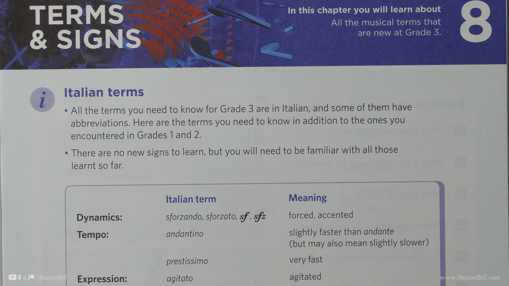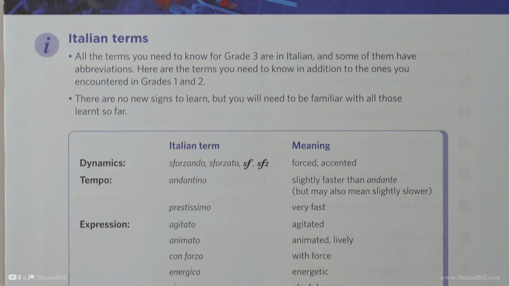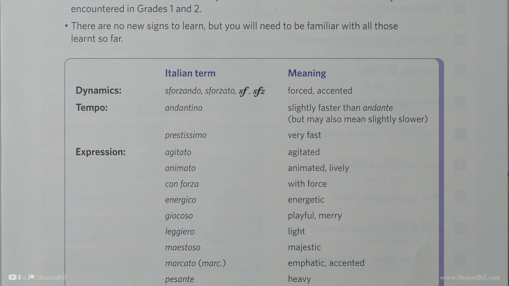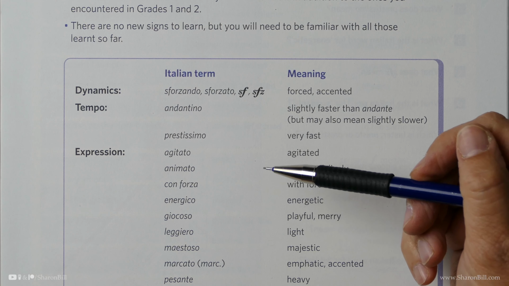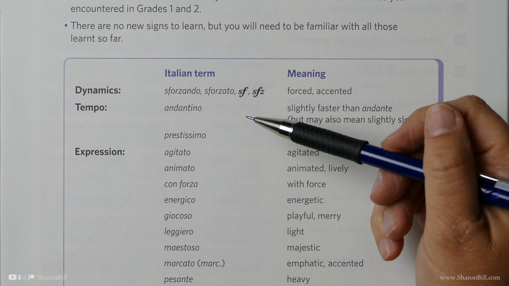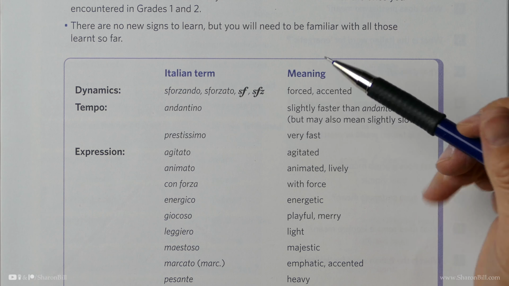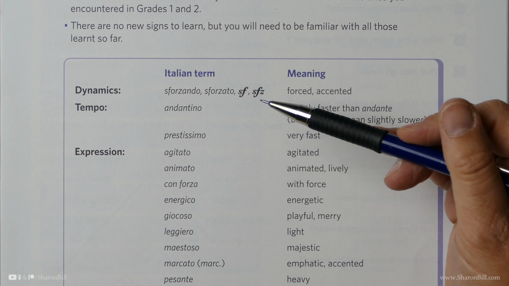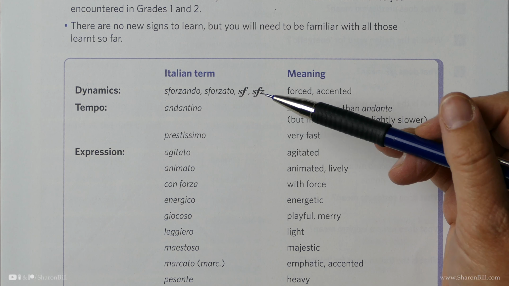So I thought it would be helpful to perhaps give you a clue on how to work at remembering all of these terms. My suggestion in all of the previous grades, and still now at this grade, is to colour code thematically and to group thematically all of the different terms.